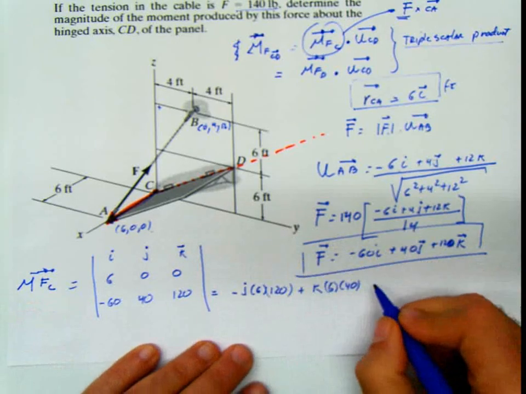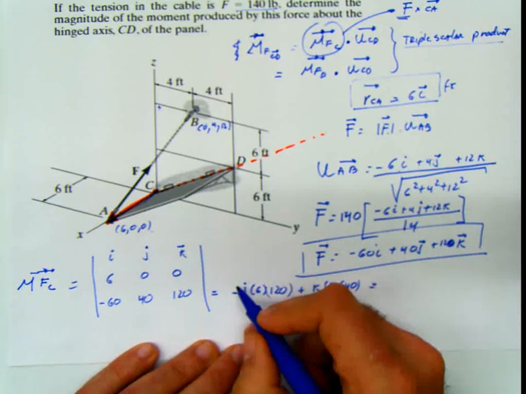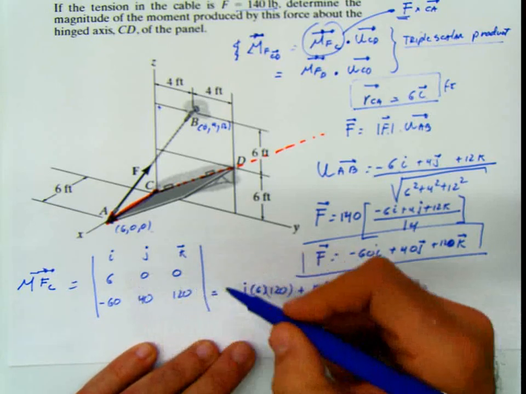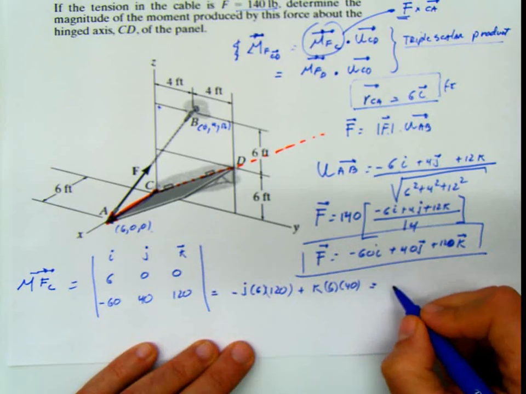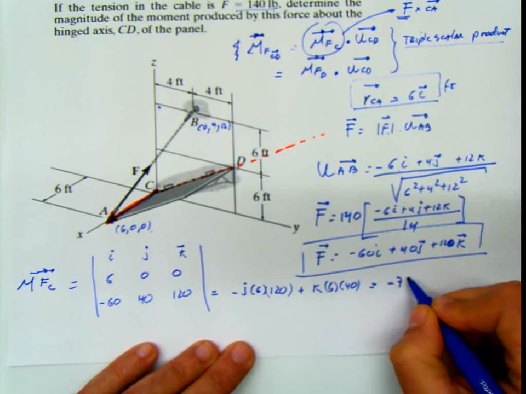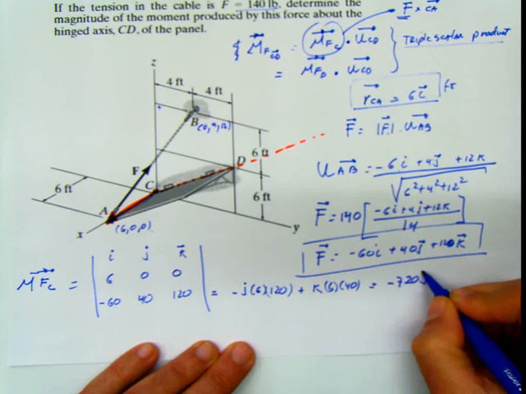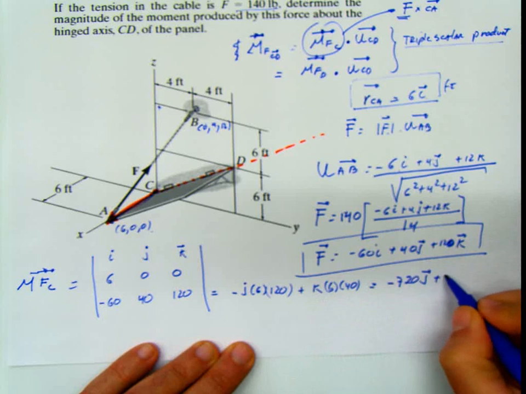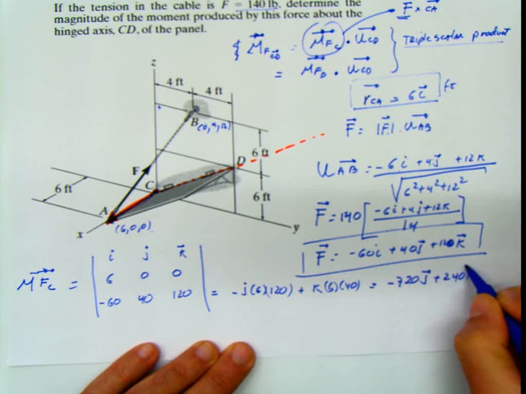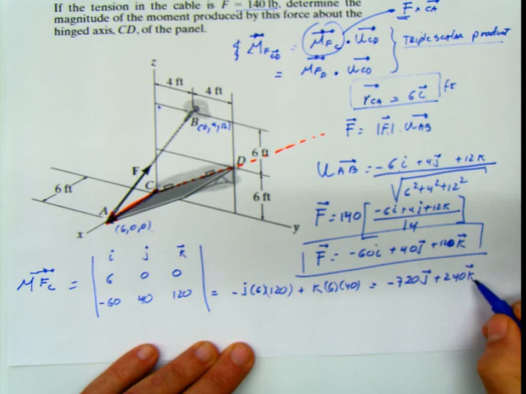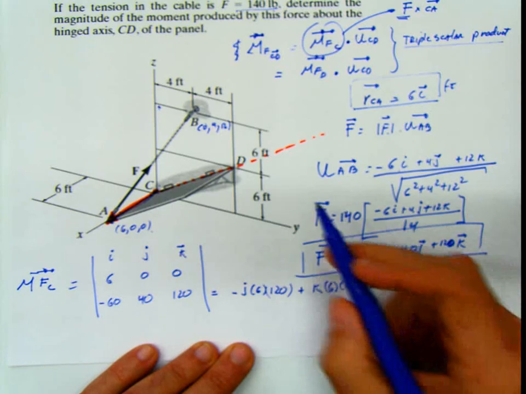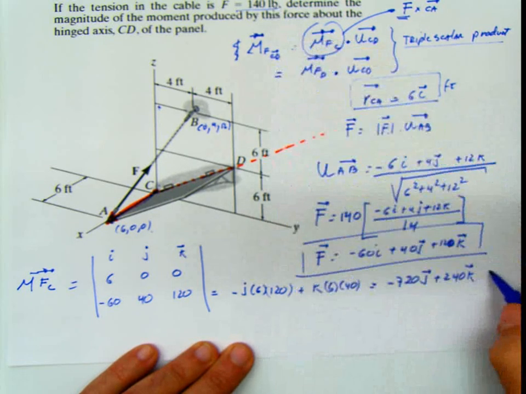So my moment of the force F with respect to the point C is going to be negative 720J plus 240K. And the unit for this are pounds per foot.